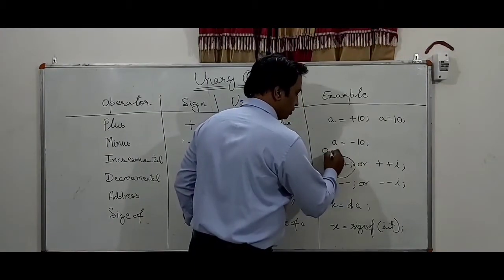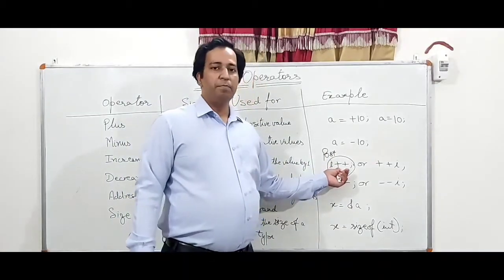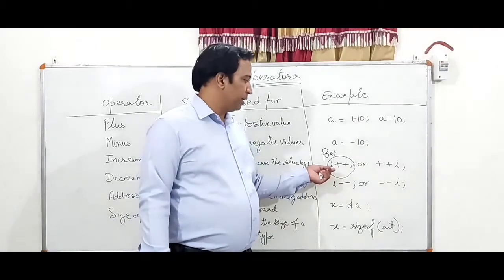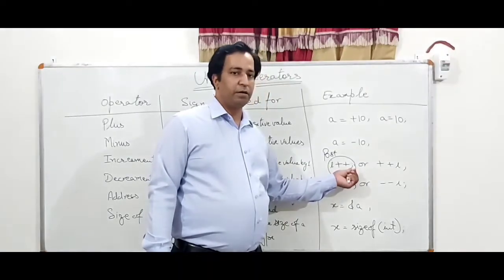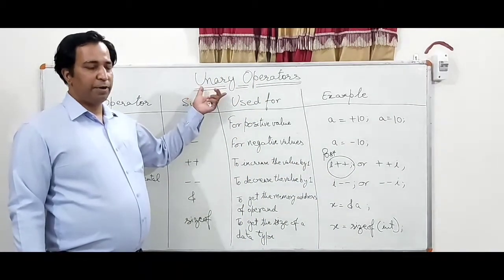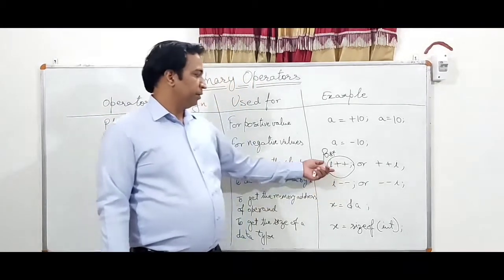This one is called post incremental, where the operator comes after the operand, after the variable name. Here I have written I, incremental operator, and semicolon. As we are doing unary operators, it's going to be one operand only with the operator. Right?